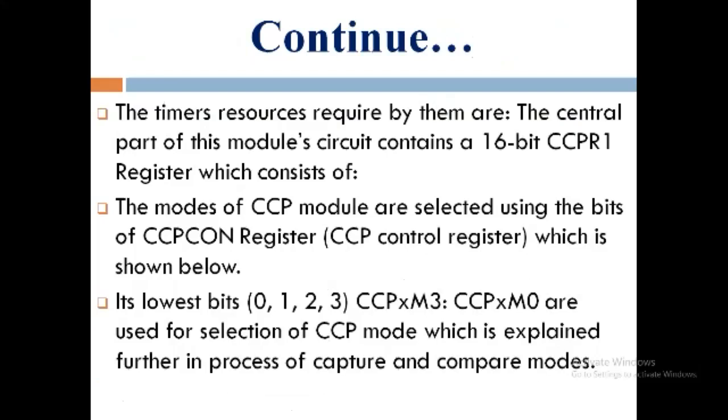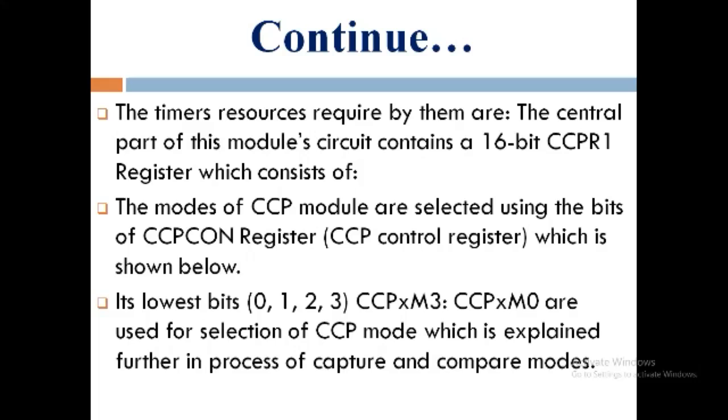The central part of this module's circuit contains a 16-bit CCPR1 register. The modes of the CCP module are selected using the bits of the CCPCON register, that is the CCP control register, which is shown below.